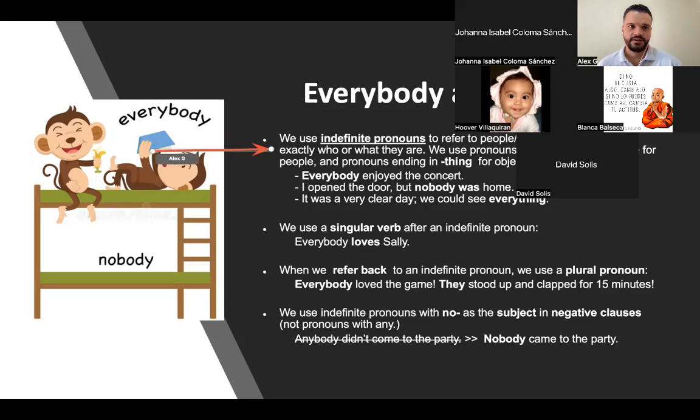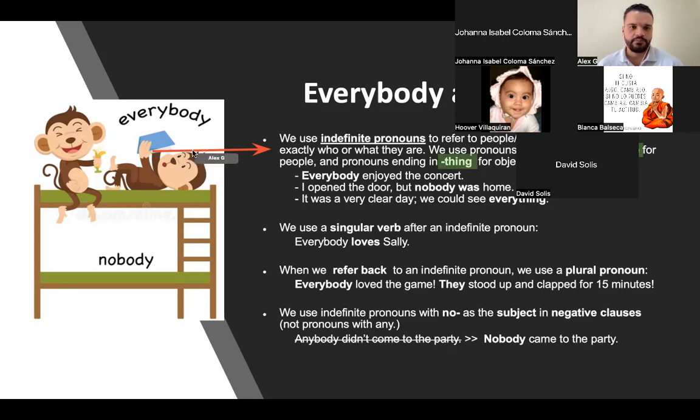Excellent. So let's go back and let's kind of review. When we're talking about a person, we are going to use anybody or no one, right? We're going to use body and one. And when we talk about an object or a thing, we're going to use thing.